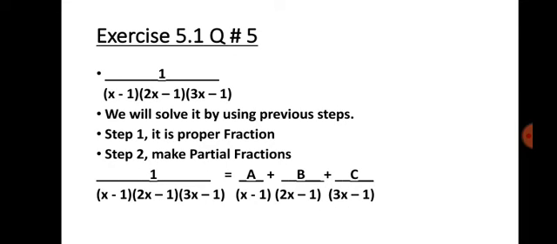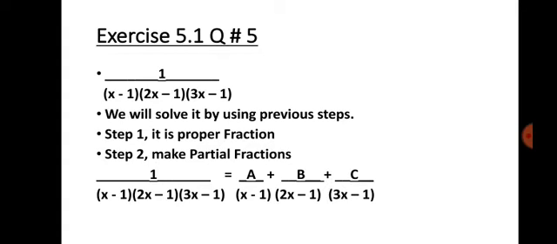Now students, I'm going to solve question number 5 by using these necessary steps. Remember students, these steps are used to clarify your problems. These steps will not be written when you are solving the question.